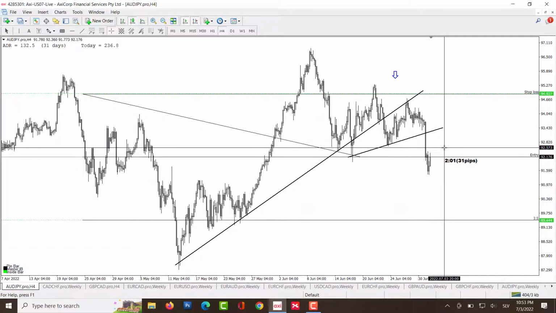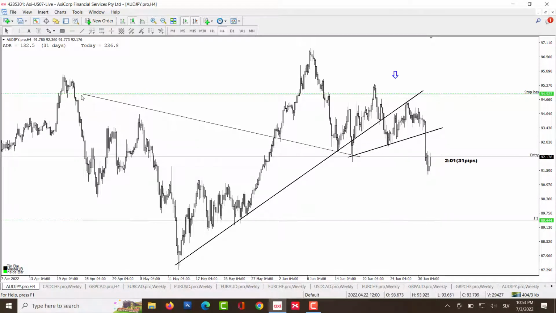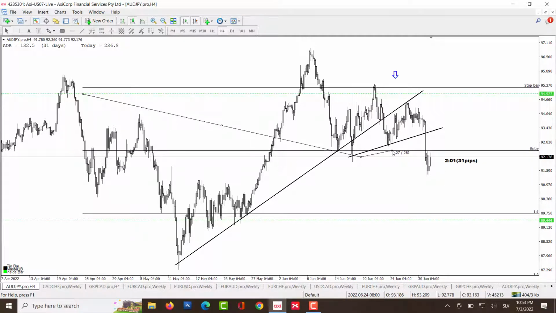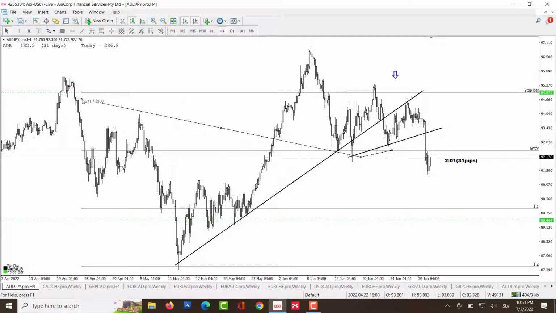As I'm doing more conscious analysis, I might even put a little bit of a retracement as an entry to get a little bit better risk reward, about the high, like that. You can see just a small movement.